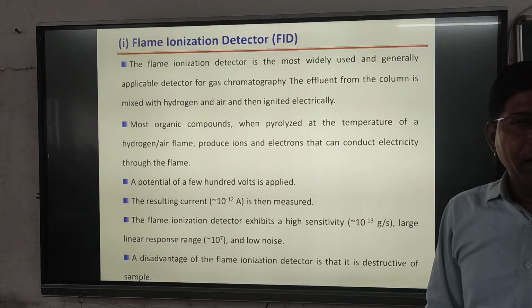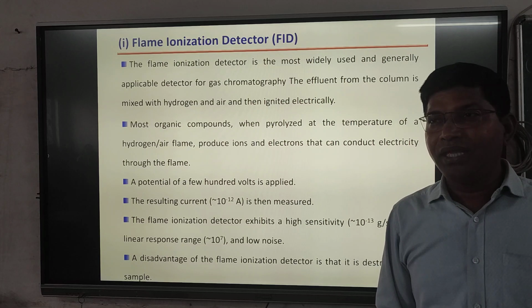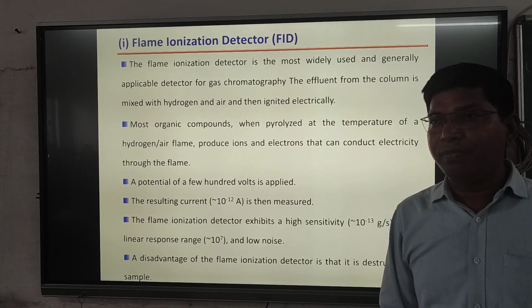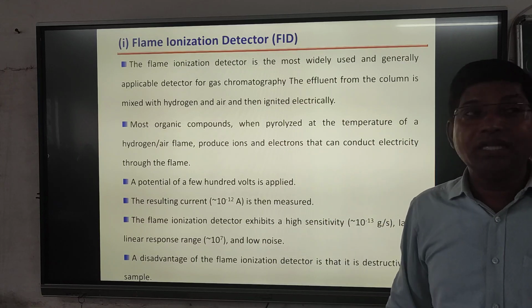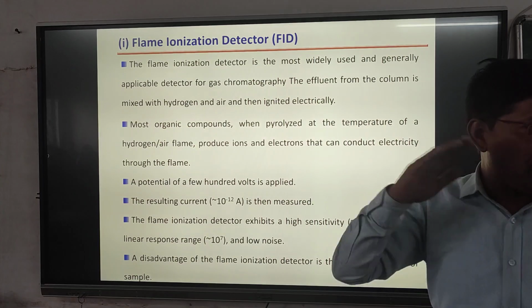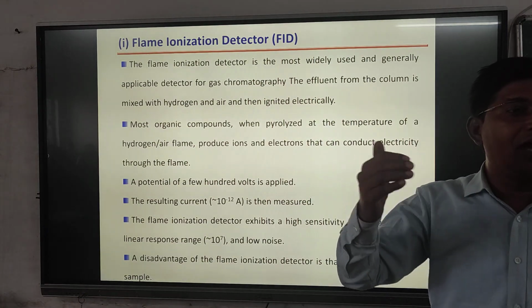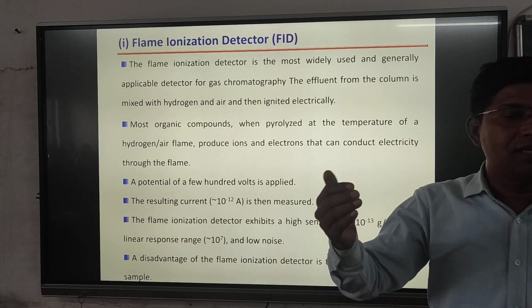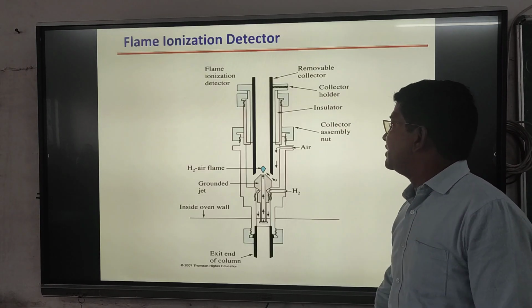If you are burning any organic compound at a high temperature, around 3000 centigrade, your compound will get ionized. Ionized means there is a production of electrons.